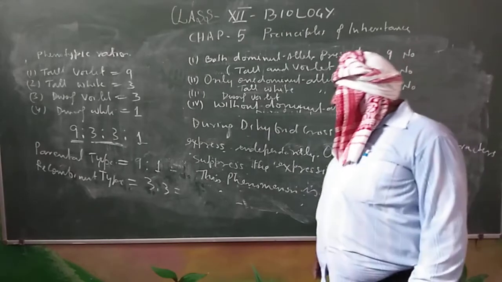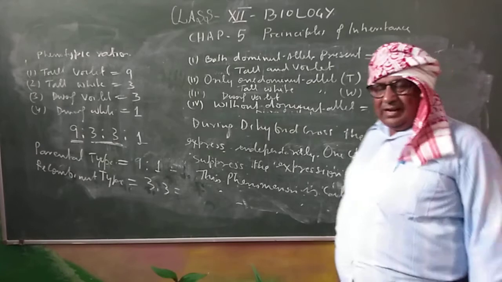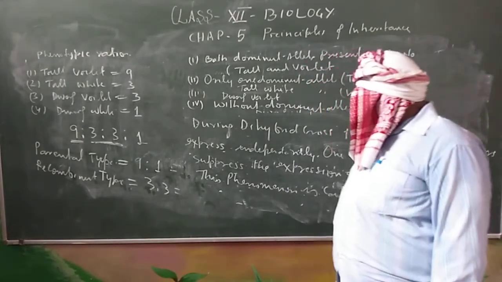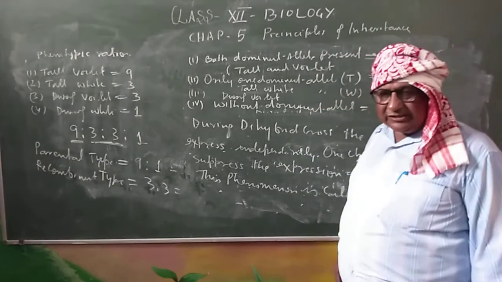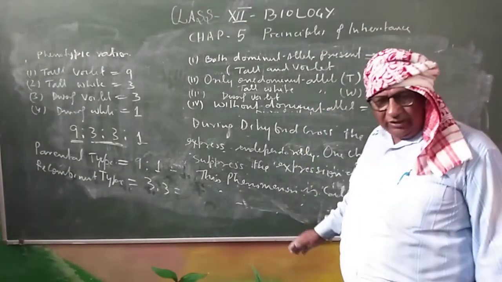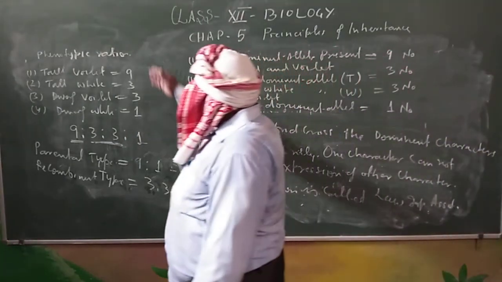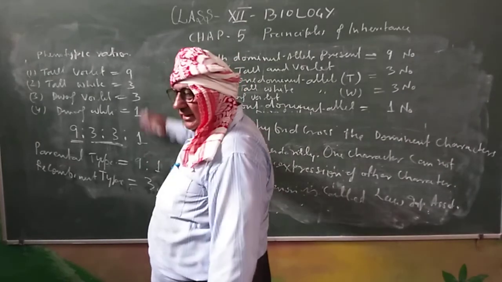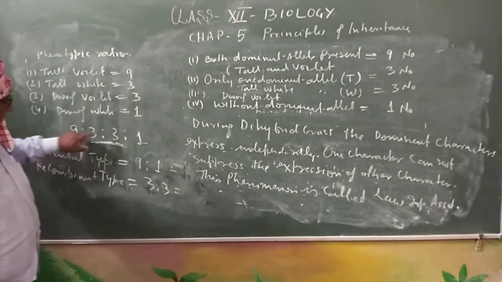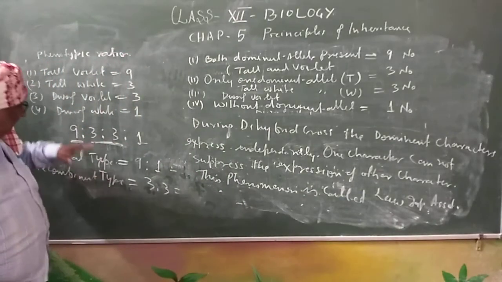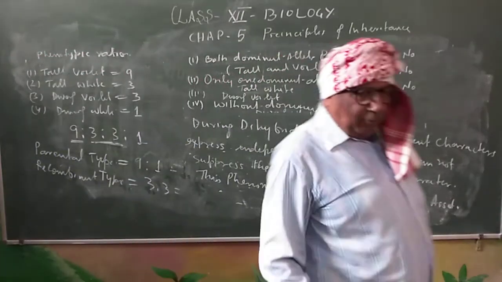Now here we are studying the third law, law of independent assortment, and this law requires a dihybrid cross that can be drawn in 14 different steps. I have already shown, and after drawing the cross, we are finding these conclusions. These conclusions represent the ratio 9 ratio 3 ratio 3 ratio 1, and from this ratio, the law of independent assortment can be proved.